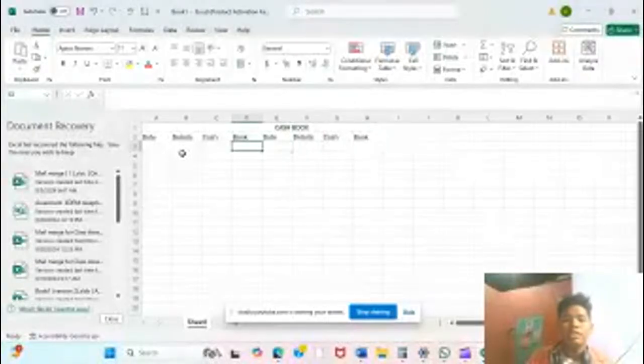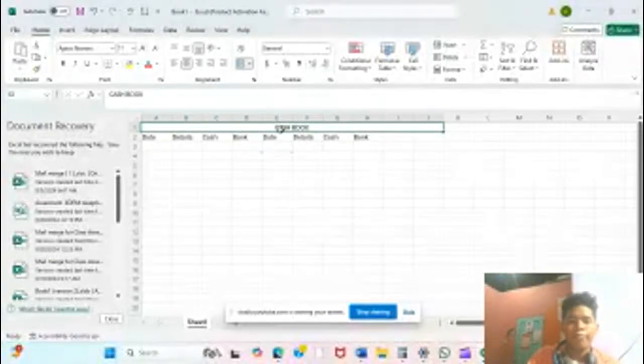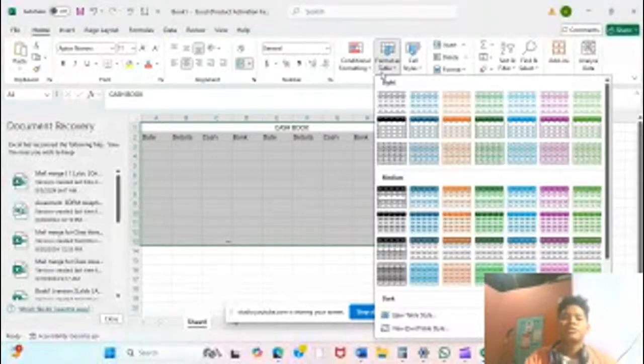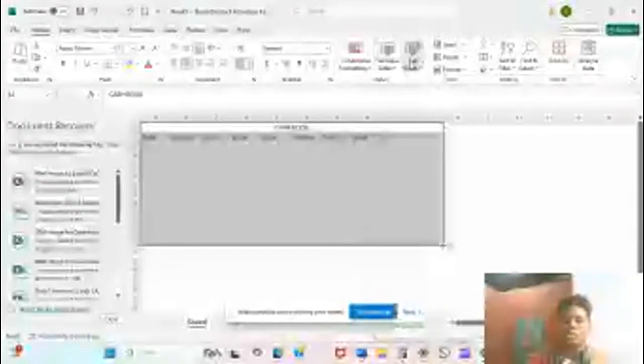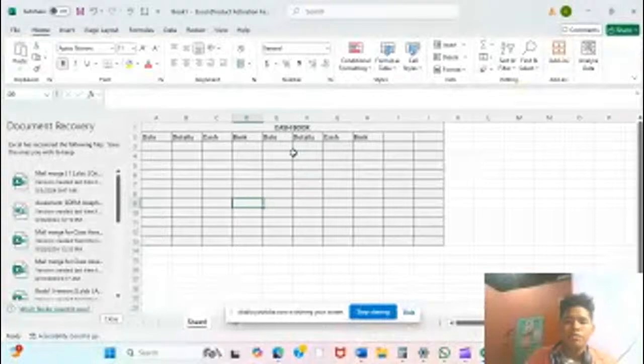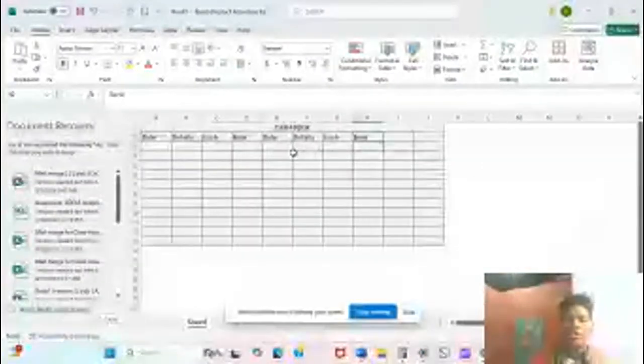So this is the basic format of a cash book. I'll format the table a bit to make it look more presentable. This is usually the CSEC format.